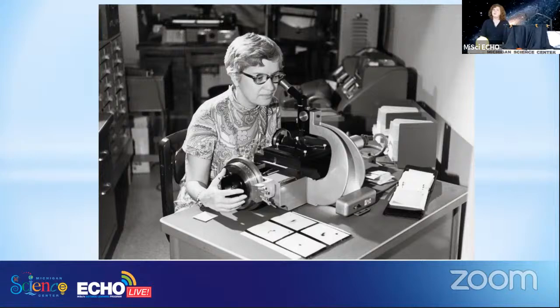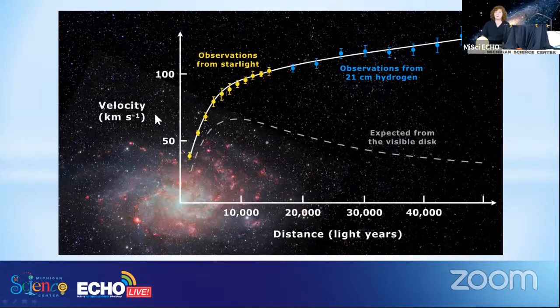Well, that's not what we were finding. We actually discovered, or she discovered specifically, that the observations near the center of our galaxy here made sense. But the observations in the outer part of our galaxy sure didn't make sense at all. The observations that we were seeing in the outer part of our galaxy, this is what we expected.